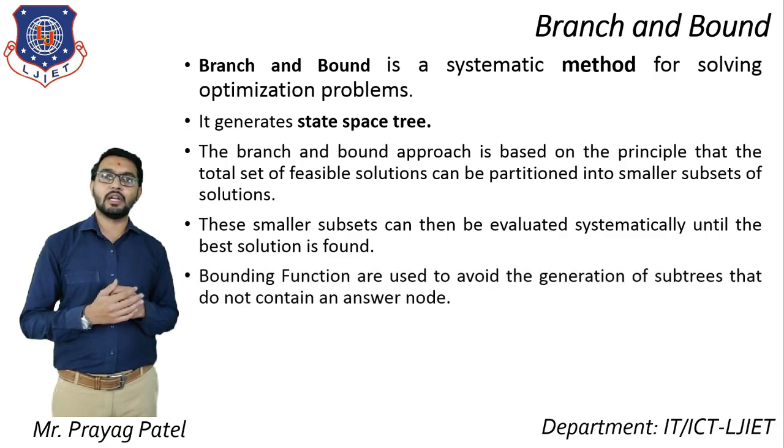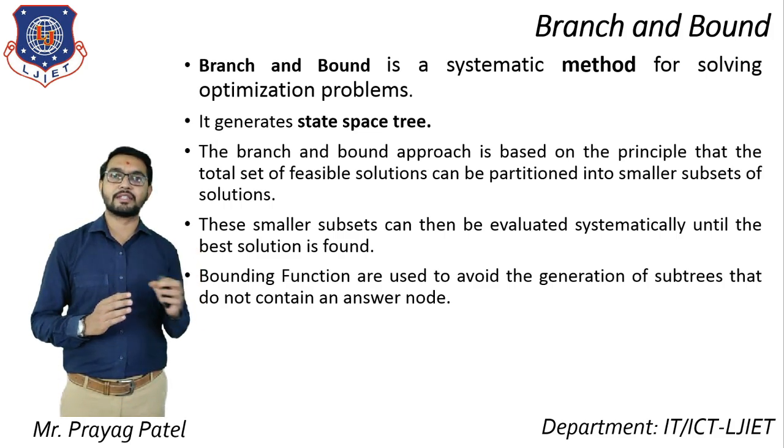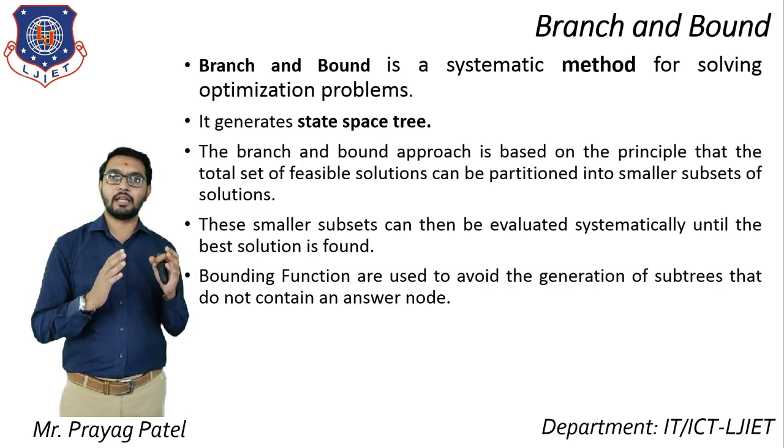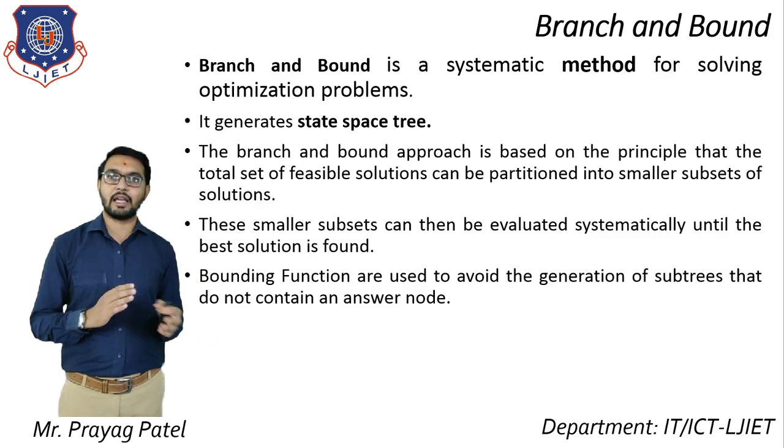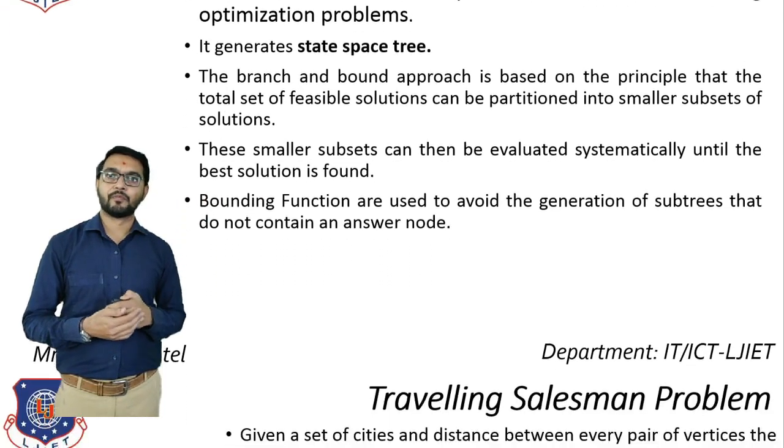Bounding functions are used to avoid the generation of subtrees that do not contain the answer state or answer node. So here we can say that it is the removal of the extra edges from the given state space tree.